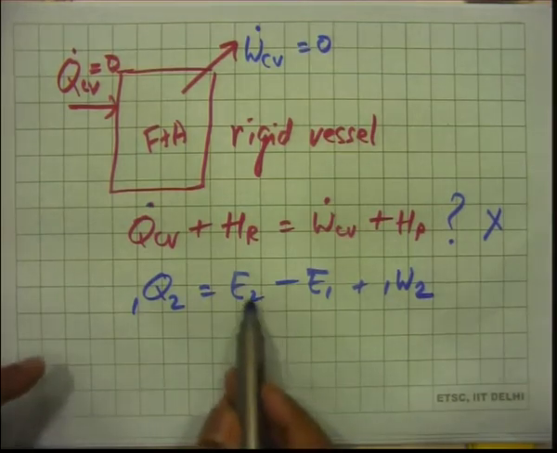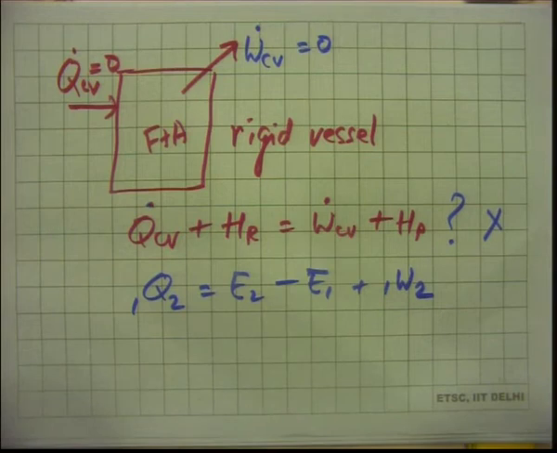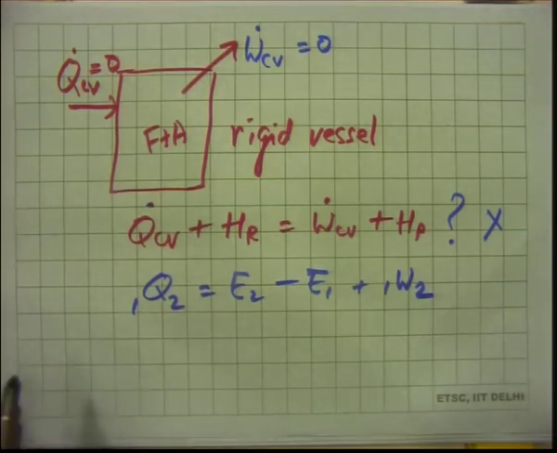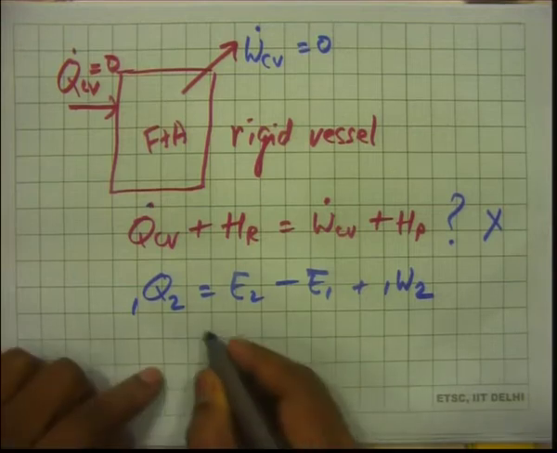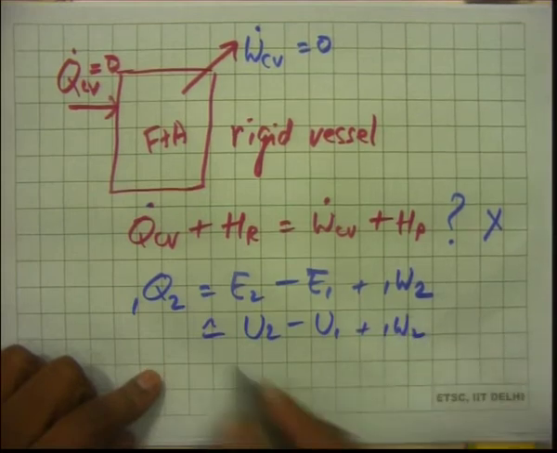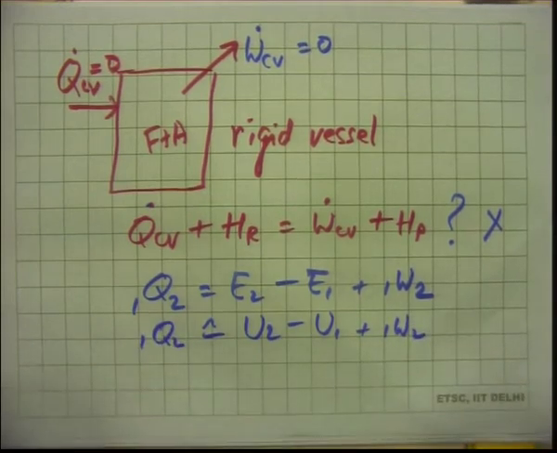So this E is energy, and this energy is internal energy plus kinetic energy plus potential energy, and in this case we do not expect much change in kinetic energy and potential energy. It is just one vessel sitting at one place in which you have the reactants reacting. So we will not include those. So this will be U2 minus U1 plus 1W2, and what else can we say about this?